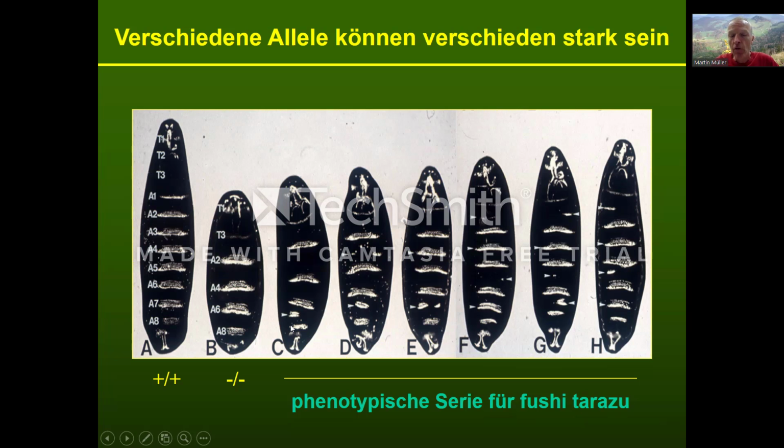And now there are hypomorphic mutations where you have different parts of this wild type pattern coming back. You can see here part of this denticle belt comes back. And in this way you have a whole phenotypic series of different mutations giving rise to different phenotypes. So this is called a phenotypic series of alleles of the same gene leading to different phenotypes.